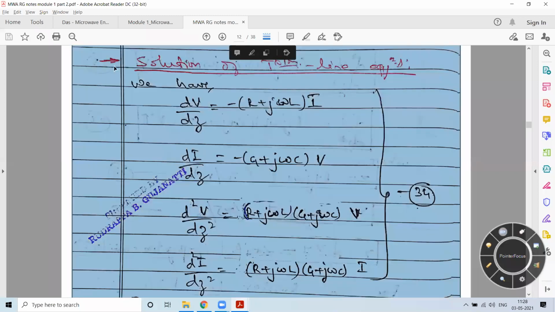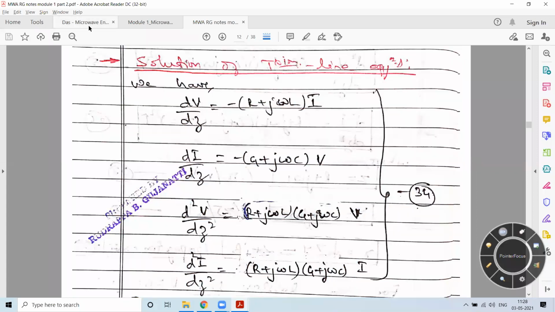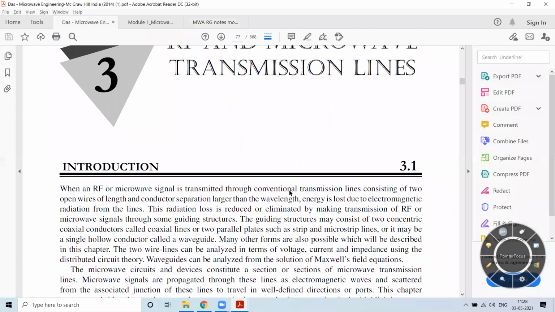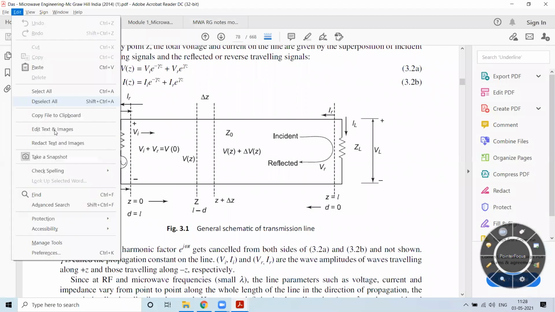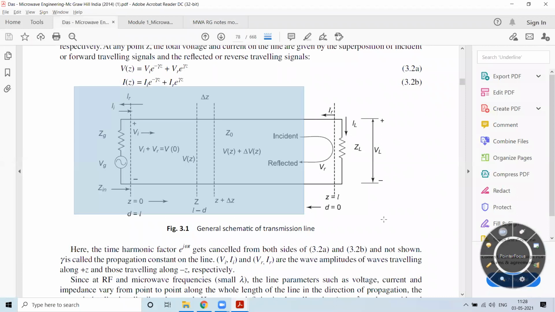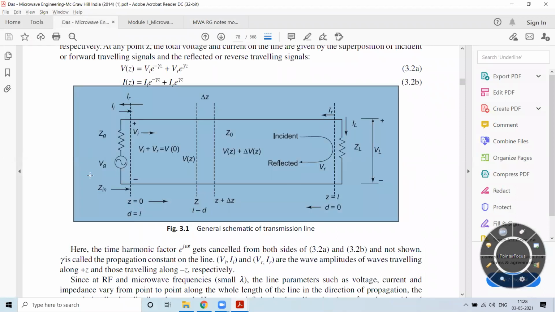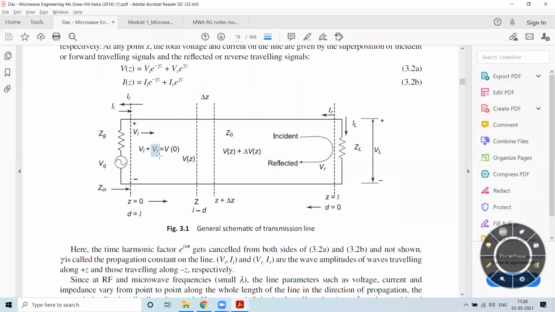Yesterday we had seen that we have incident and reflected wave parameters, that is, when we look forward. So here we have the incident voltage and reflected voltage, incident current and reflected current.